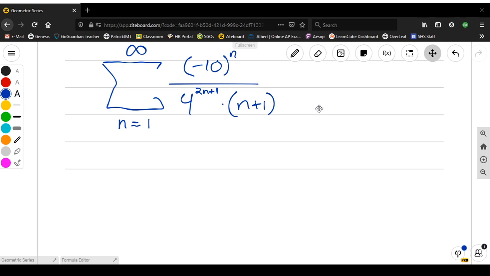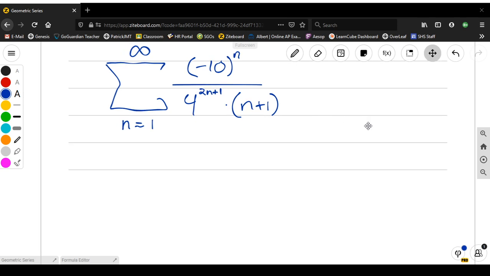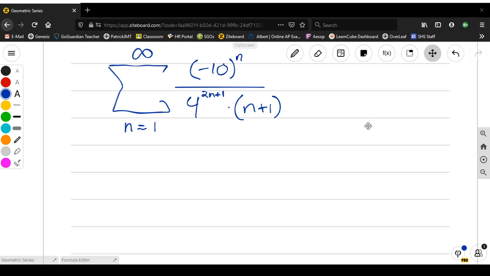It looks like it could be geometric or very close to a geometric. There might be ways to use comparison tests. If we learn those things, we don't have to worry about them this year. But we're going to try the ratio test here. So n goes to infinity.